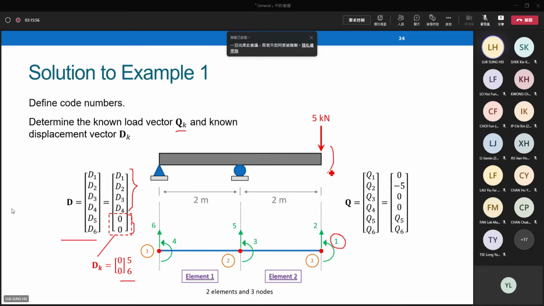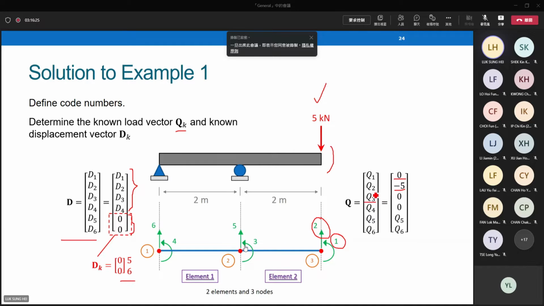From the picture, there is no applied moment along direction 1. So Q1 is 0. Q2 means the vertical direction, the force along direction 2. From the picture, we exactly have 1 direct force along direction 2, but in the downward direction, so it becomes negative, -5.